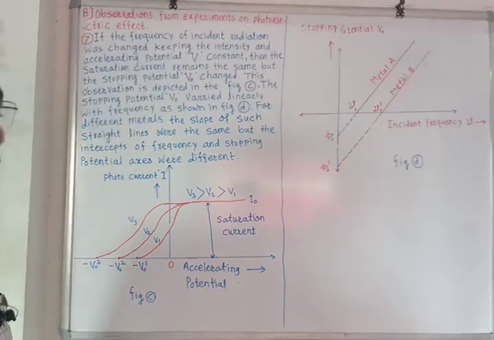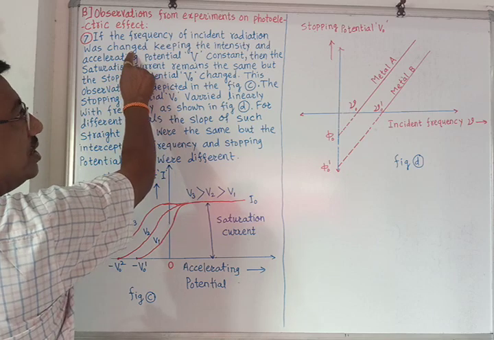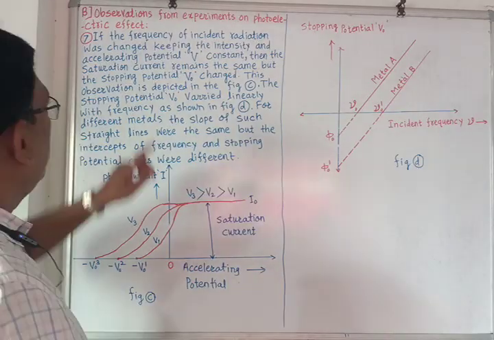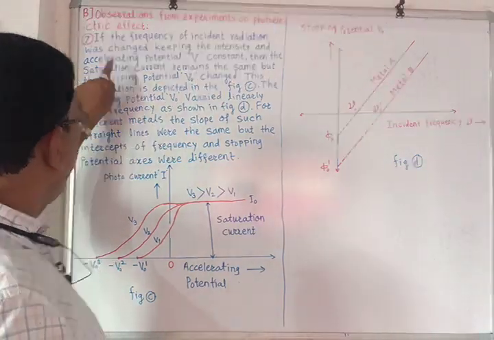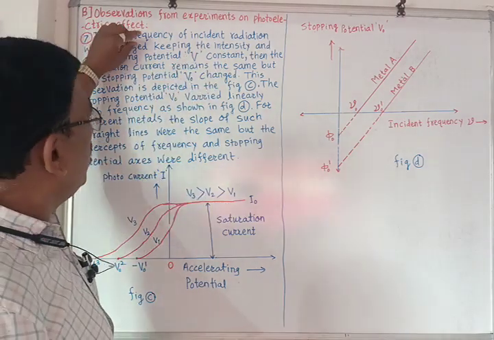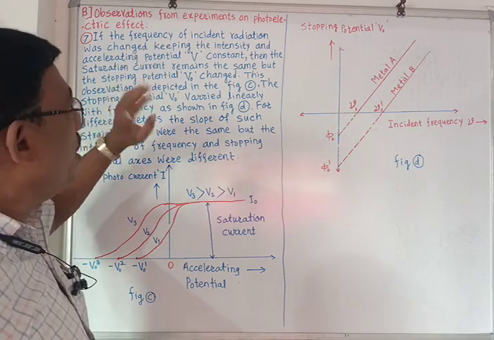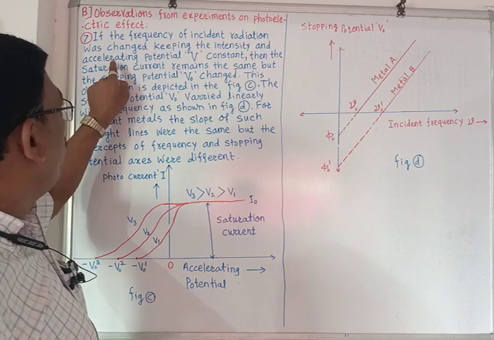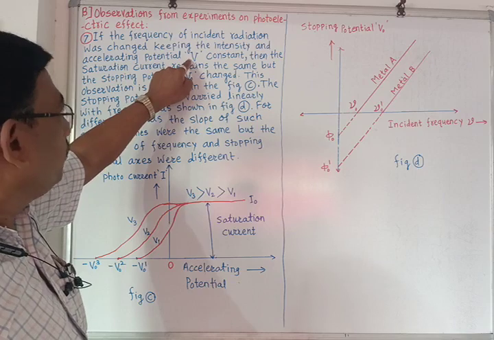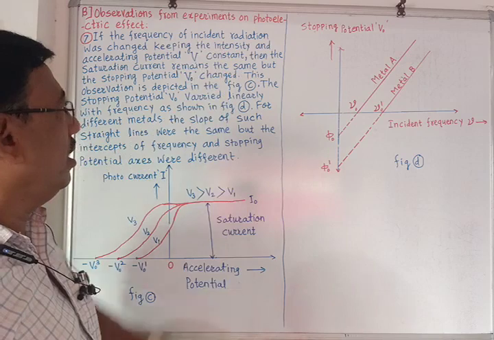What is the observation C? If the frequency of incident radiation is changed by keeping the intensity and accelerating potential V constant. बघा, incident radiation ची frequency change करायची slowly, पण intensity and accelerating potential applied to the collector plate C, potential and intensity both are kept constant.